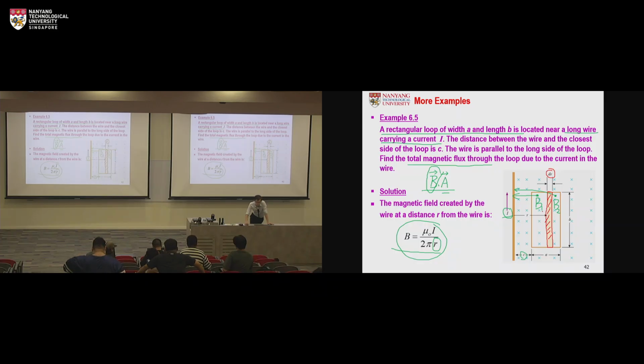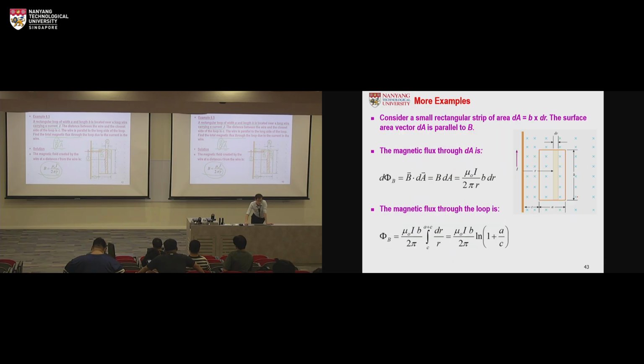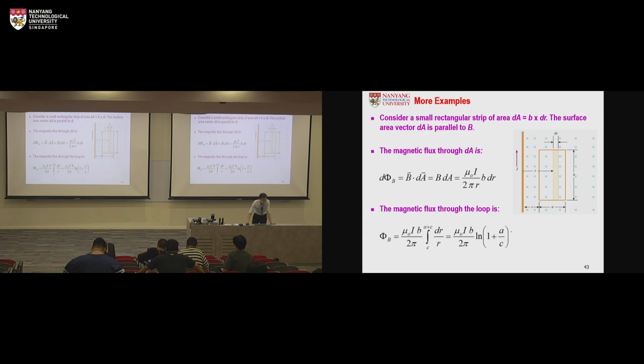And one more step, how can you get the flux through this tiny section to the total flux through the entire loop? Integrate, right? That is to say, you need to add up all those different tiny sections, right? So based on this kind of understanding, first we can define this tiny section with a width of dr and distance to this wire r.